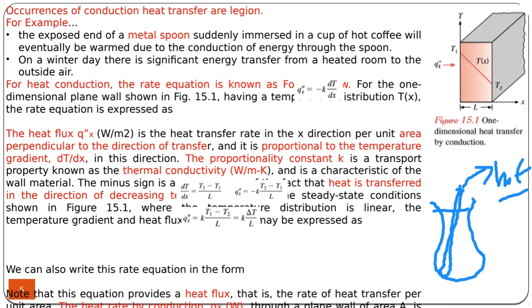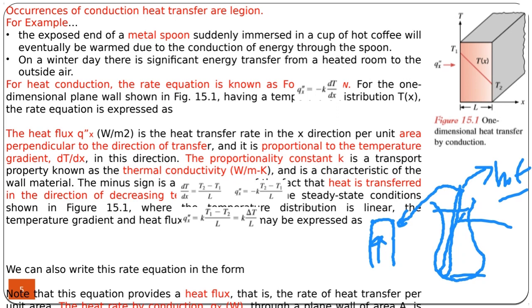This is because of the transfer of the energy through the spoon. First, the stem of the spoon becomes hot, then this high temperature in the spoon stem is transferred in the direction of the spoon tip, and of course it's not the same temperature at the base of the spoon.